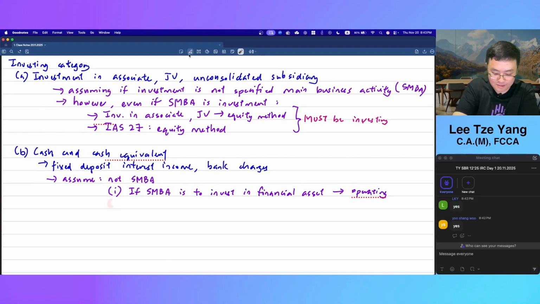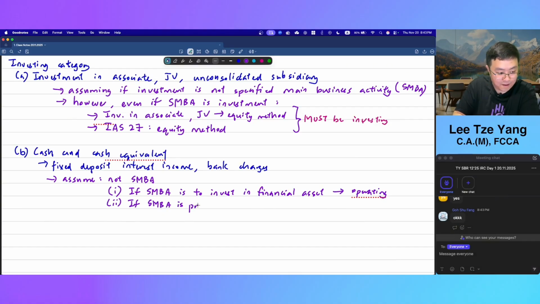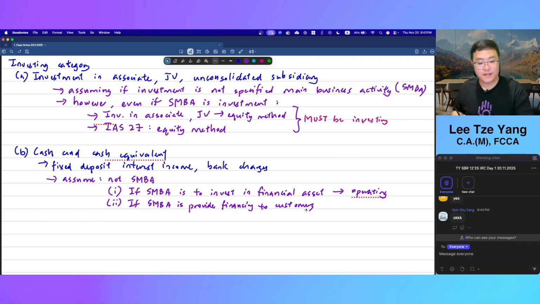Now we need to consider the second SMBA. The second SMBA is if the SMBA is providing financing to customers.